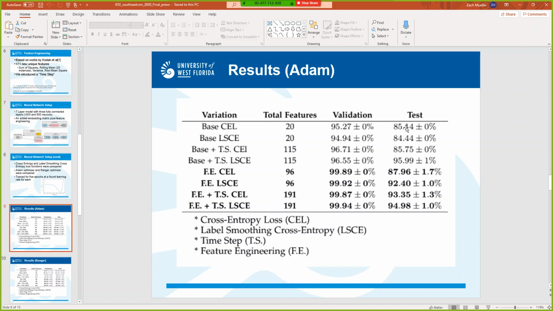And then after we did the basic time series, label smoothing was able to get a much higher accuracy compared to the cross entropy loss here, which we further saw when we looked at the feature engineering. And when we combine the feature engineering and the time series, that difference was still a percent or so, but it wasn't nearly as distinguishable as this almost 10% jump here.